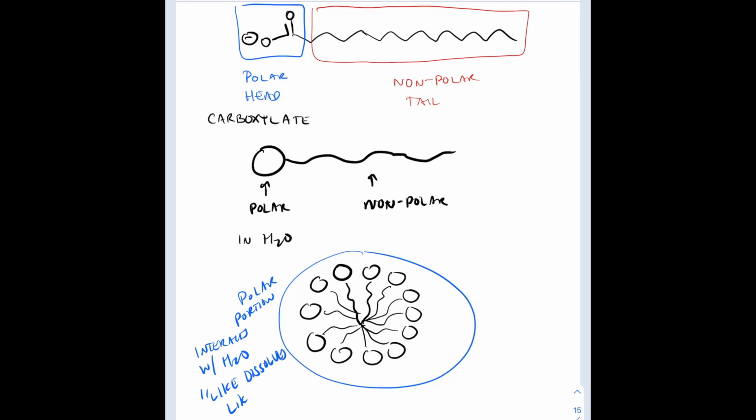Dissolves like. Okay? And so it's almost like tricking water to sneak a non-polar substance in there, right? Because this inner portion is non-polar, and that means that you can hide grease and oil and other non-polar particles or substances in there.